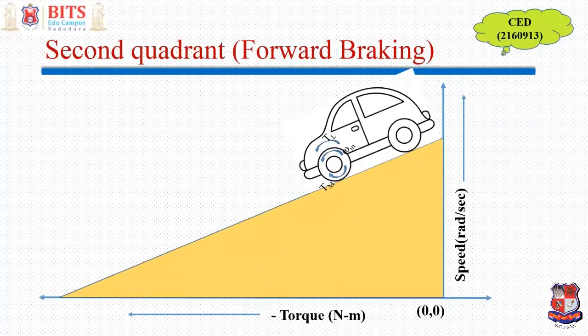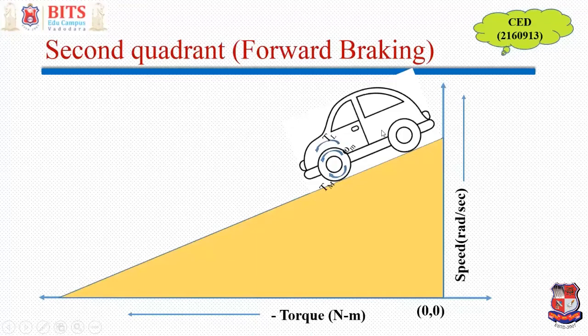Now, what is the second quadrant then? In the second quadrant, the same car is moving downhill. So the direction of rotation remains the same, anti-clockwise, but at this time, when the car tries to move downward, the gravity is pulling it in the same direction. That means the load torque is acting in the direction of rotation, and at that time, the motor is developing torque to oppose this.